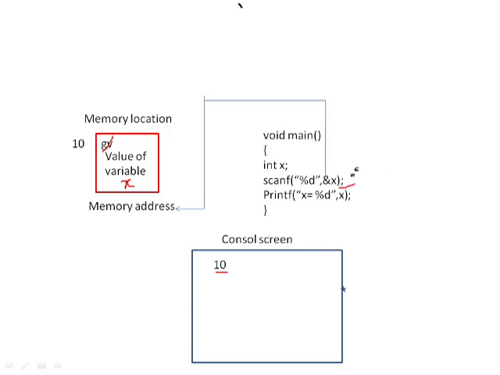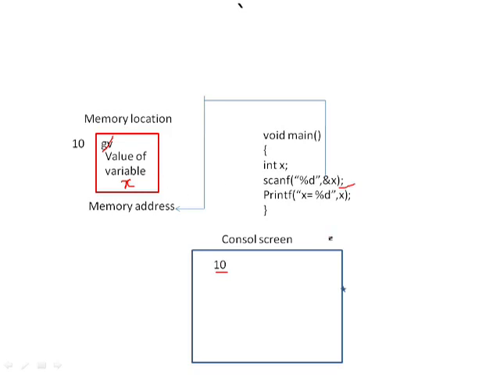Now this address of x, I said, represents the memory address, for x. In that particular memory address I need the value 10. So it searches for the address of x, and in that memory address it places the value 10.